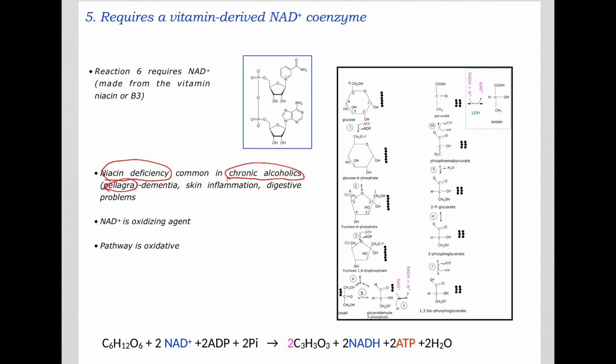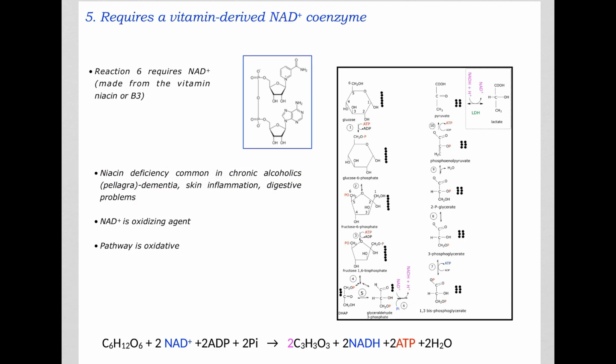In these individuals, of course, glycolysis will be affected because this reaction will not happen. So energy generation will be affected. And we do see conditions in the central nervous system such as dementia, skin inflammation, and digestive problems such as nausea and vomiting.